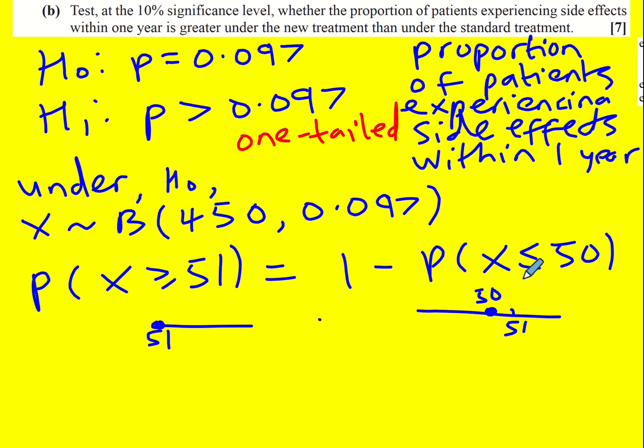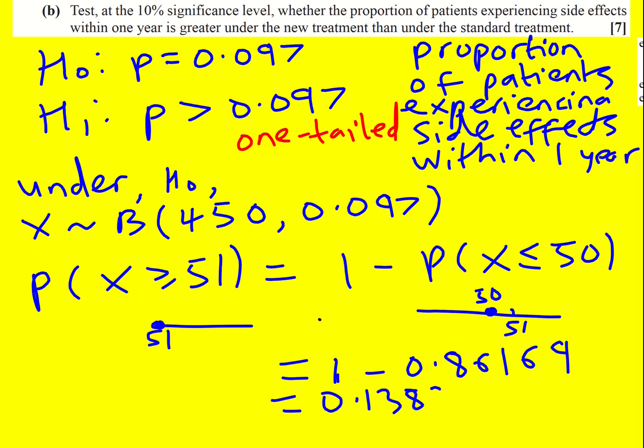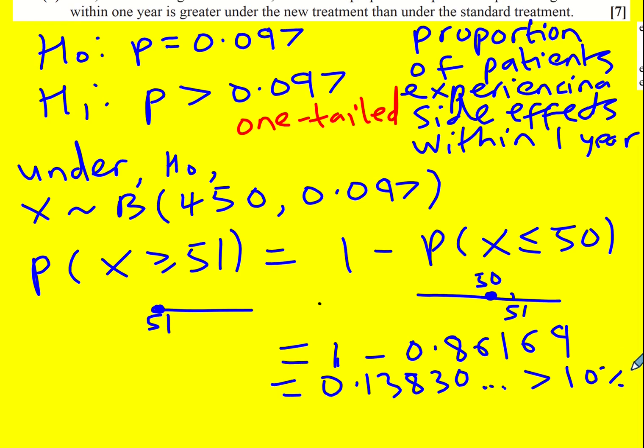I'm not going to do that right here. You should know to look at the binomial CD button, and then it's going to be 1 minus 0.86169. I'm going to write it out to 5 places, is equal to 0.13830. And crucially, this is greater than 10%. What does this mean?